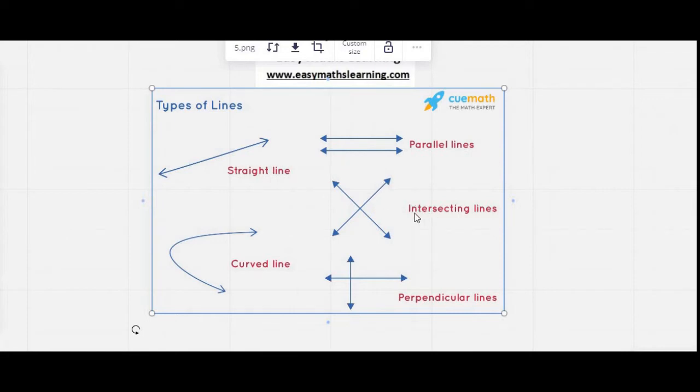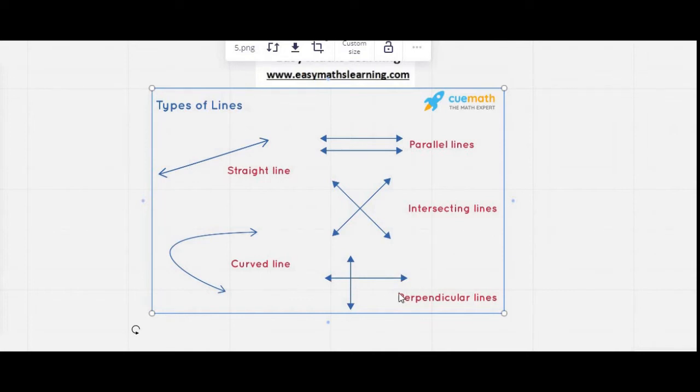Intersecting lines are where 2 straight lines intersect each other at a point. 2 straight lines cannot intersect at more than one point. This is a very important point, remember this. Then there is the curved line. A line which is curved in nature is called a curved line.